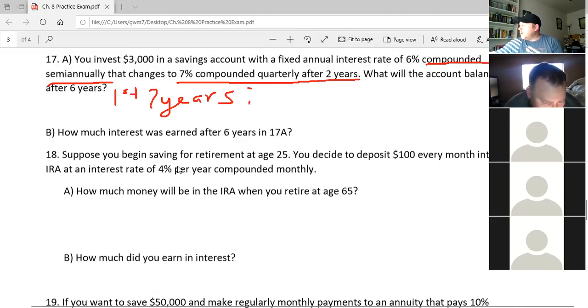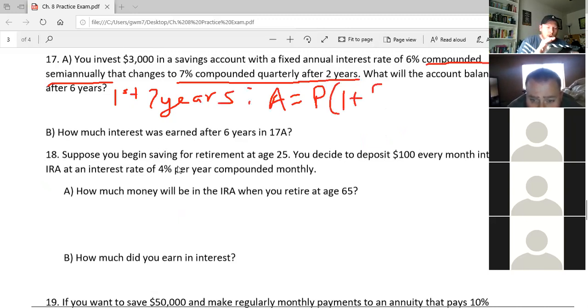Well, this is going to be formula number 3, future value when compounded n times per year. So this is A equals P, and there's that P that we need to plug in, times (1 plus r over n) to the nt. So the principal, 3,000.